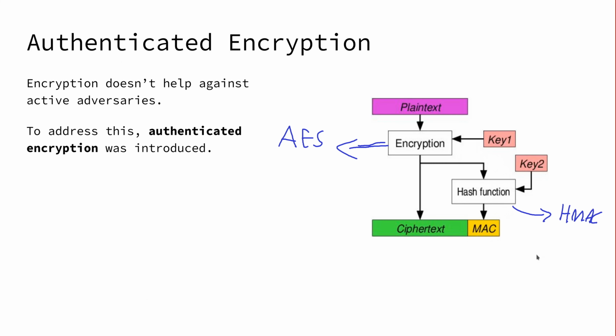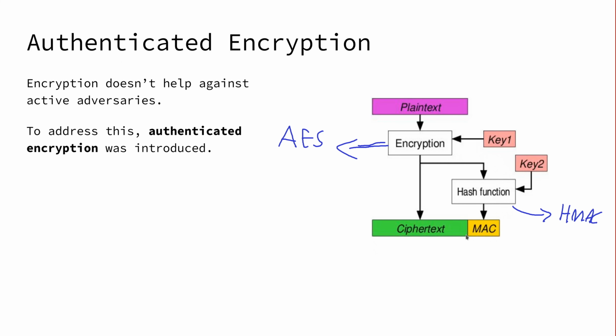So what authenticated encryption does is it combines the ciphertext with a tag such that the recipient knows the ciphertext wasn't altered. So, for example, all of these bit flipping attacks don't work.